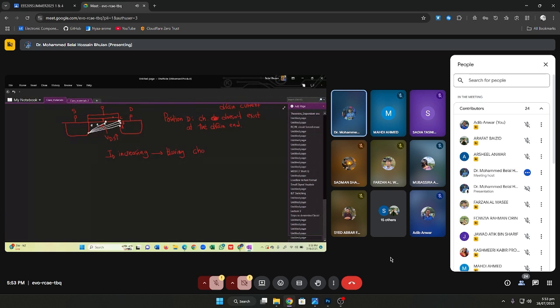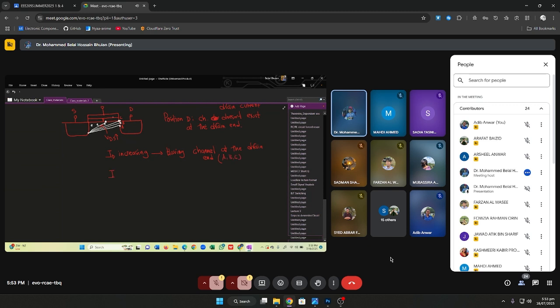the channel at the drain end, like A, B, C, positions 3.